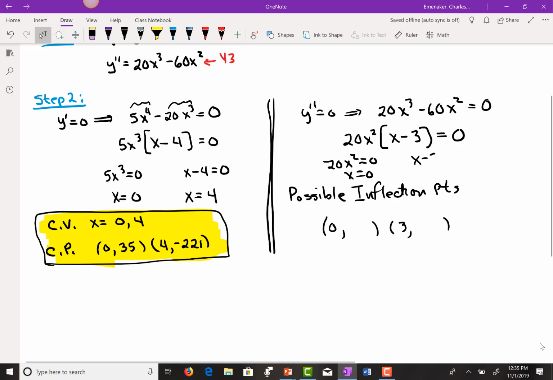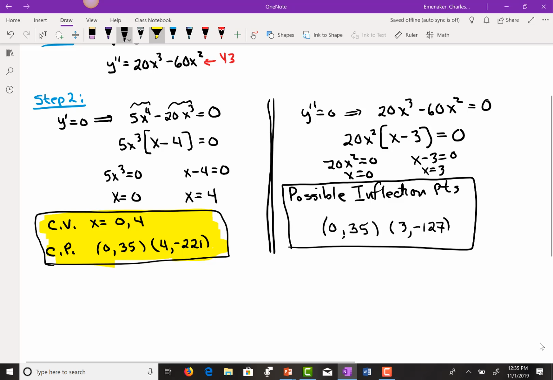And then we can do the x minus 3 equals 0, which means x is 3. That's where those two came from. Using the y value when x is 0 that we have already computed, it's 35. Going to the calculator and entering in 3 for an x value, you get a negative 127. Okay, my possible inflection points are those.